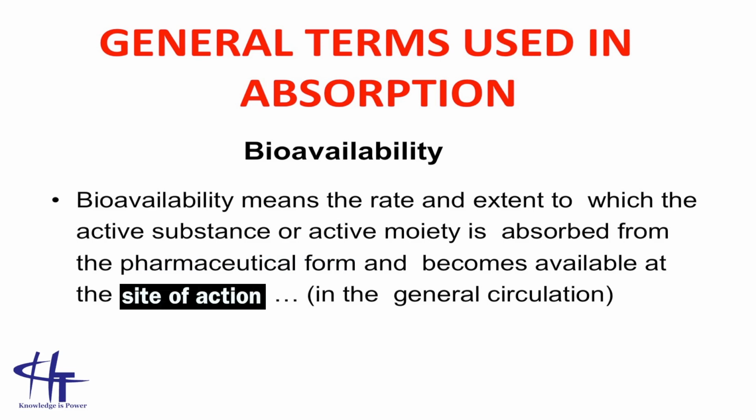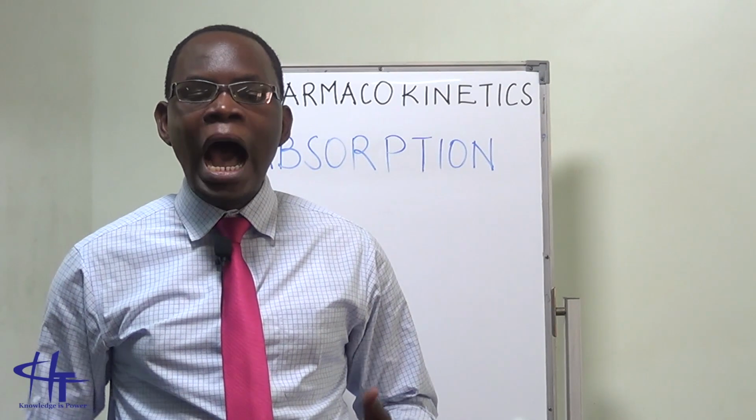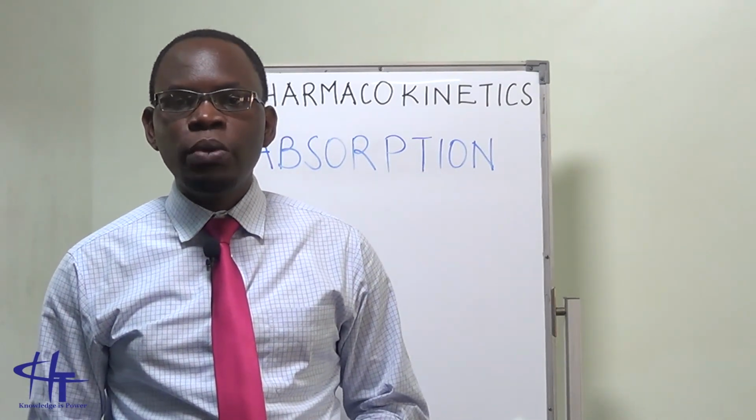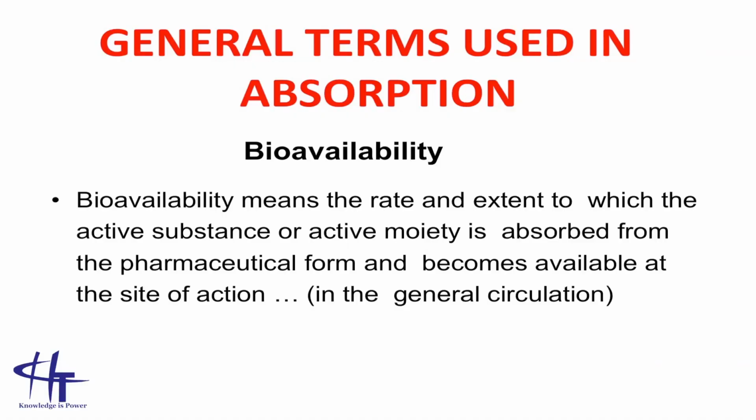And here we basically mean the blood circulation. So in other words, we are saying how much will be available at the site of action when this particular drug has been administered. This is what we refer to as the bioavailability.